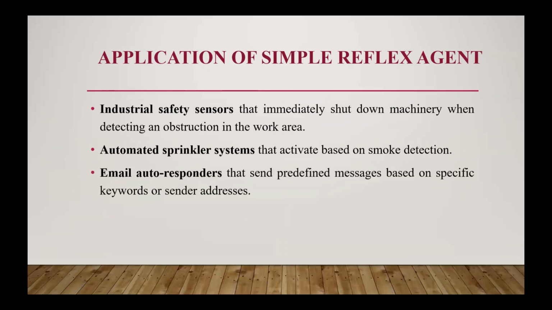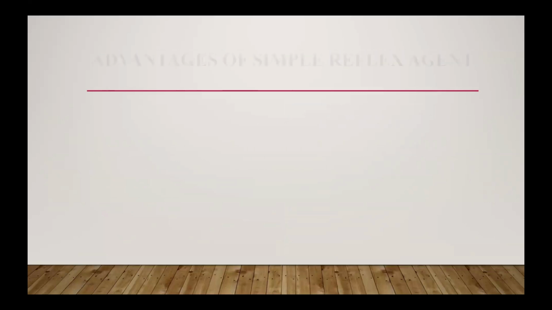The third one is the email auto responder that sends a predefined message based on a specific keyword or sender address. So whenever we submit an application, we automatically get a message: thanks for submitting the application, this is your number. This is the automatically generated response of the AI application.